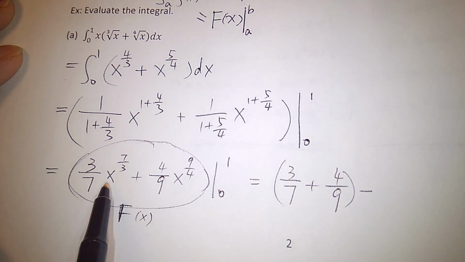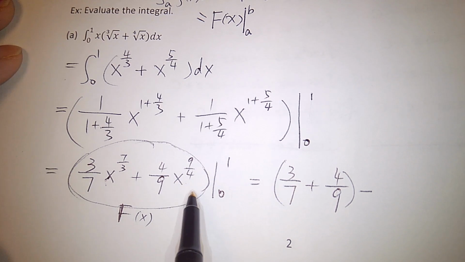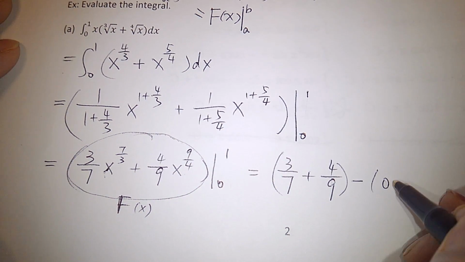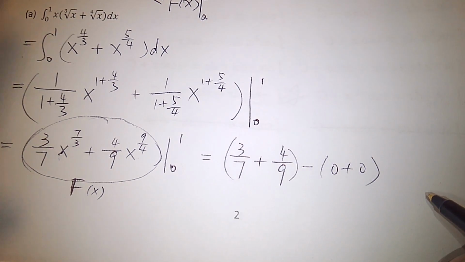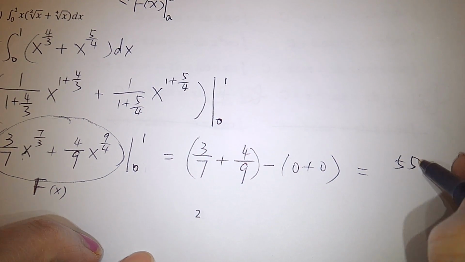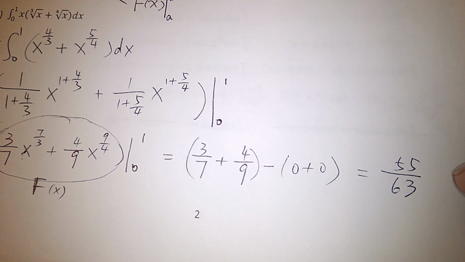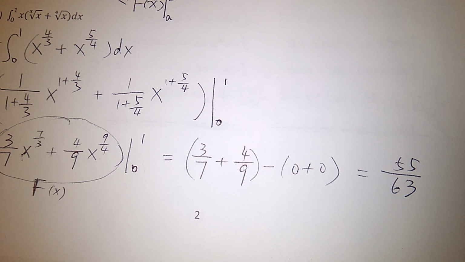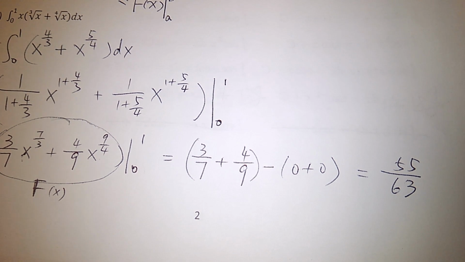And then minus, when we replace x by 0, we'll get what? Only 0, right? So 0 plus 0. Okay. So eventually we add up these two fractions. 55/63. Everybody agree with this result?